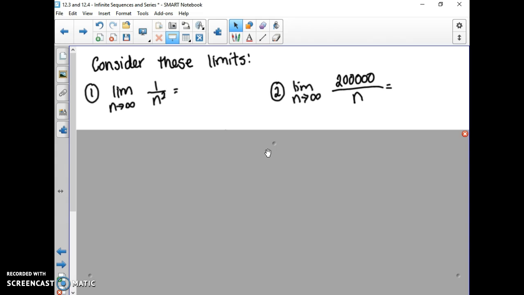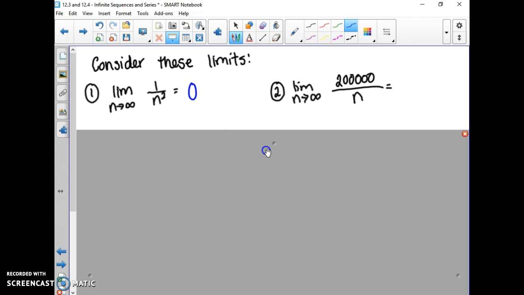So those numbers in the denominator are going to get larger more quickly in this case. So the limit as n approaches infinity of 1 over n squared is 0. What about 2? What's going to happen with 2?